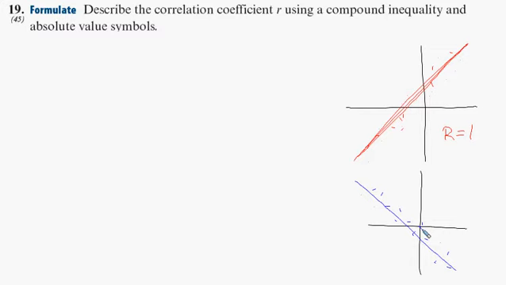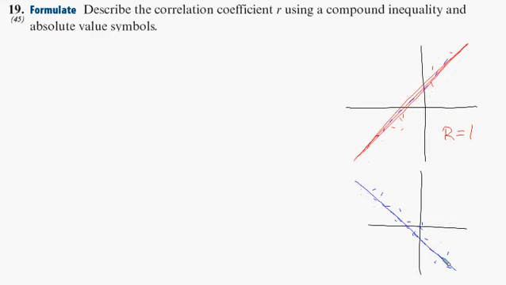So what I want you to see is that the correlation coefficient R is never going to be greater than 1. It can't be better than perfect. In other words, if all the data is exactly on the line, that means the R value is 1. If in the negative correlation, it's all exactly on the line, that means the R value is -1.